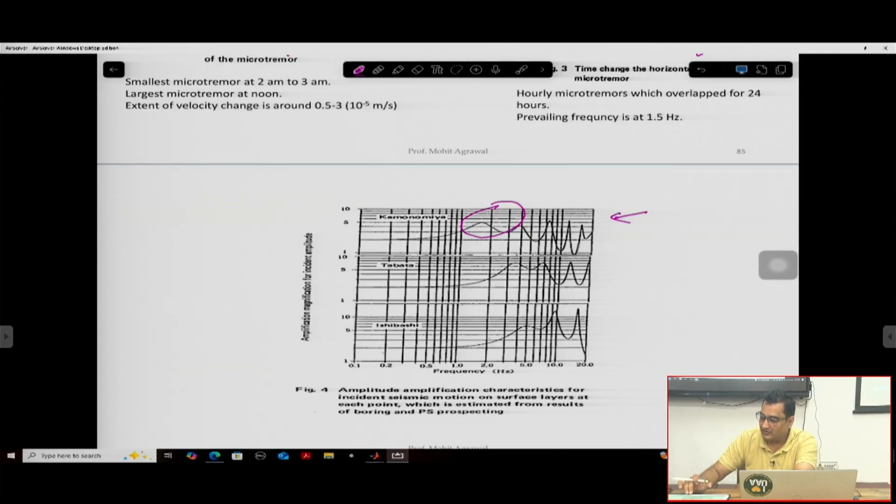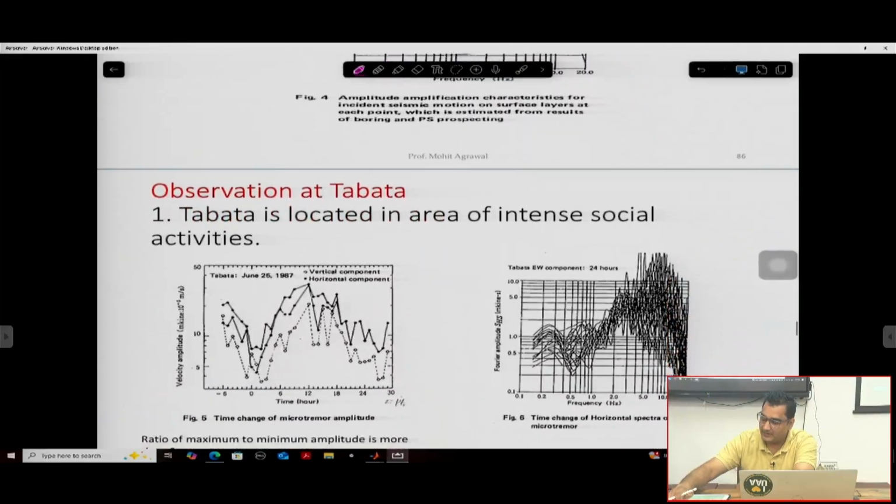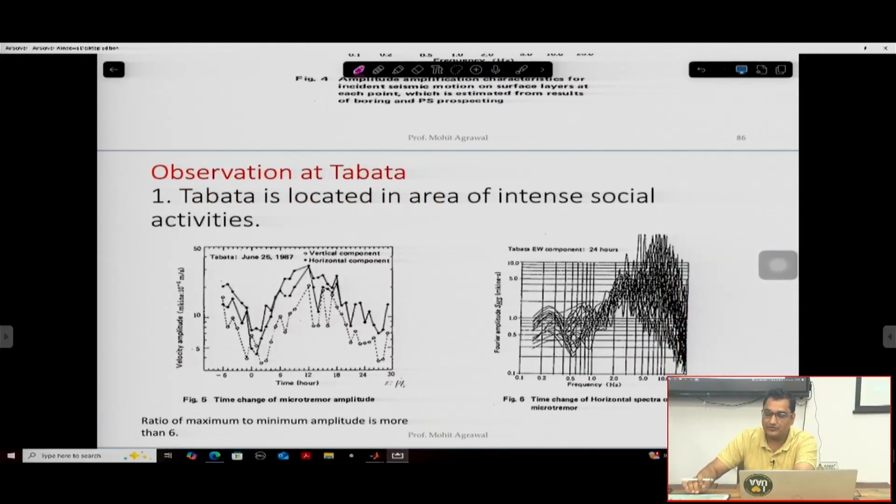Okay, now they have also conducted other experiments, like at Tabata and Ishibashi. At Tabata they used a 3-component seismometer, with the horizontal component shown by the solid black lines and the vertical component shown by the dashed lines.